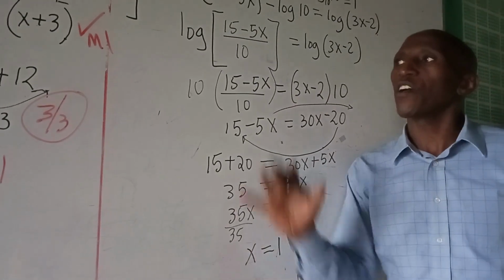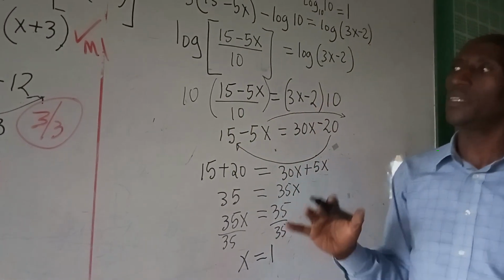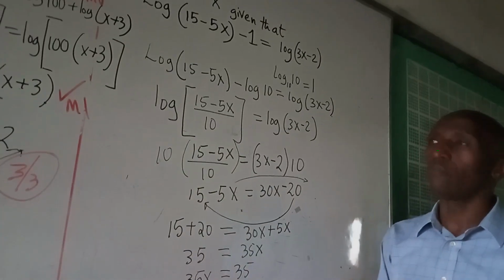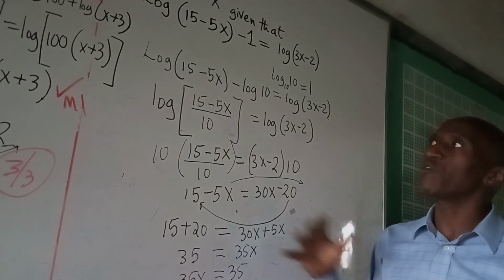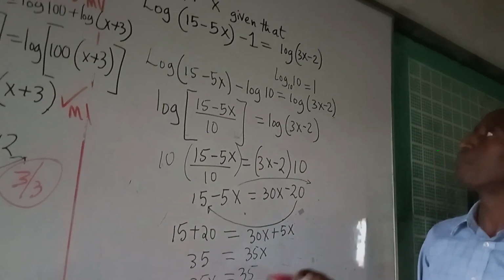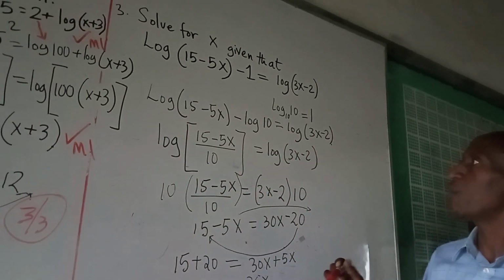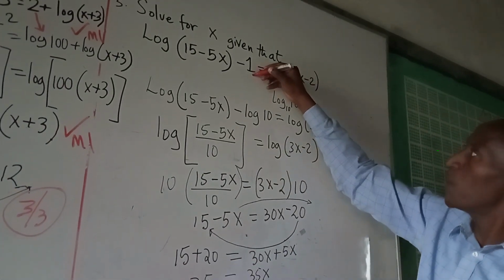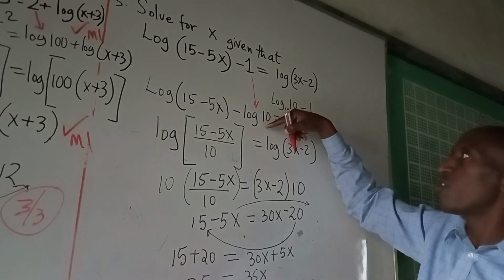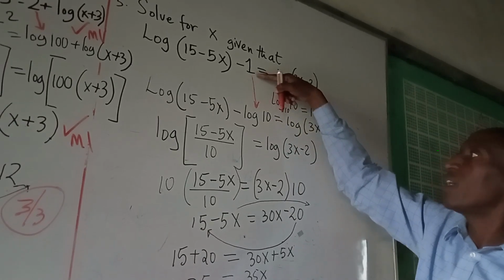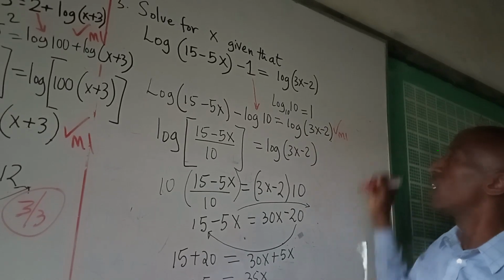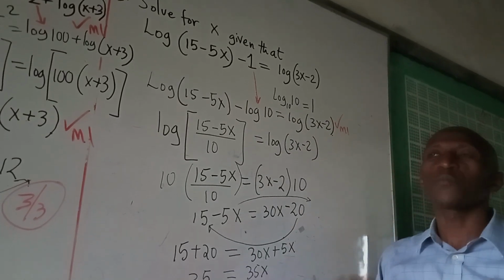Now, viewers, we have had 3 examples with various tricks that we are using to solve them. And before we move on to question number 4, let us give the marking points. When the student is able to change 1 to be log 10, that is a very crucial point, M1.